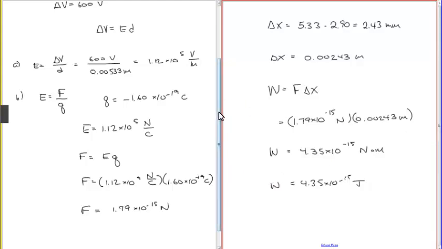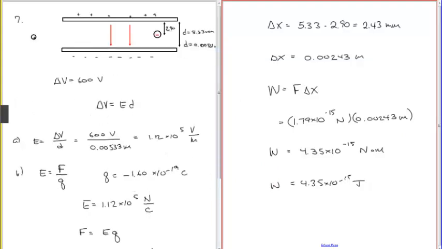And so we go back to the picture on the previous page. As we move the electron from here to here, we're going to move a distance of 2.43 millimeters. And because the force is pushing it up, I'm actually having to provide a force to move it in this direction.